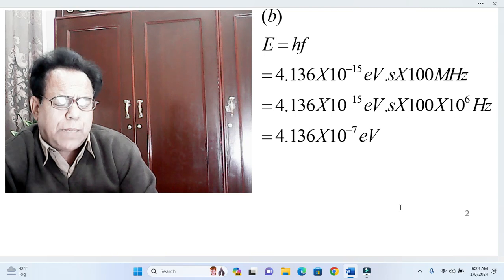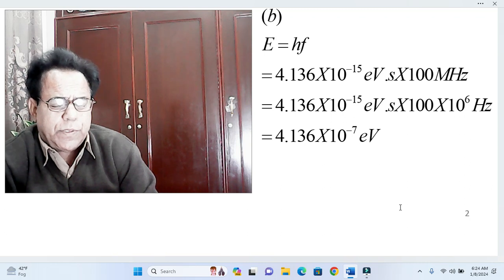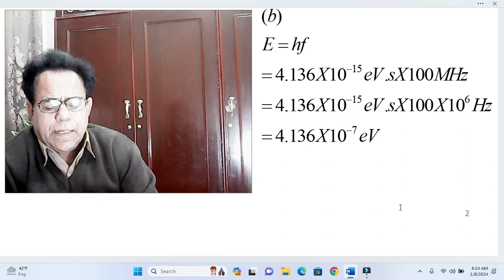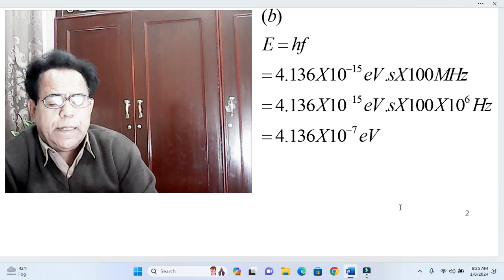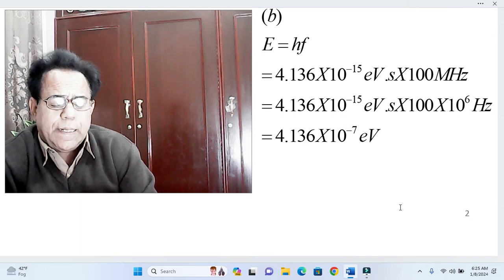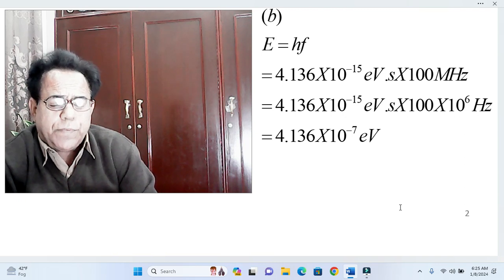The first snapshot was about the momentum of a photon, while the second snapshot was about the table of physical constants. And now the frequency f, that is 100 million hertz or megahertz, is provided in the statement, and we have already described that mega stands for million or 10 raised to the power 6, while hertz is the reciprocal of second. The unit of hertz is second inverse or 1 over second.